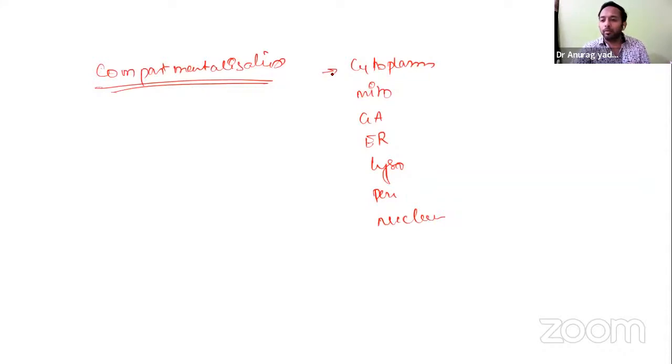Like what I could tell is, for example, normally we have two types of reactions in the body, metabolic pathways. One is anabolic, the other is catabolic. Now, for example, if we take a catabolic reaction, beta oxidation.